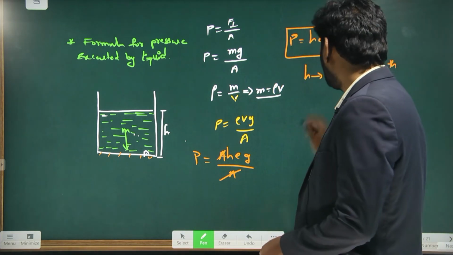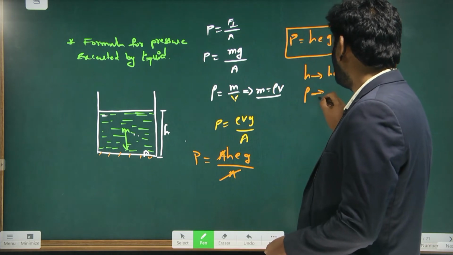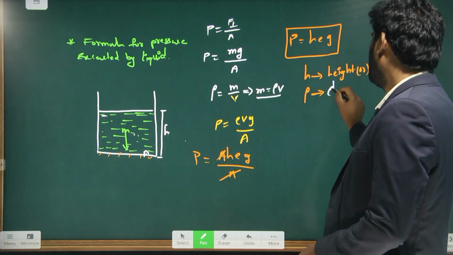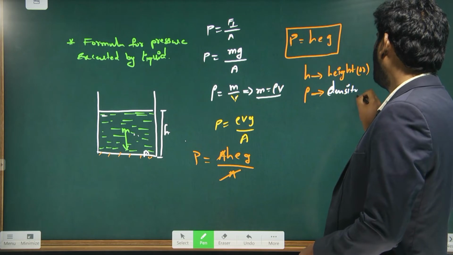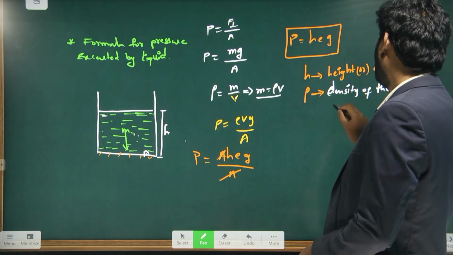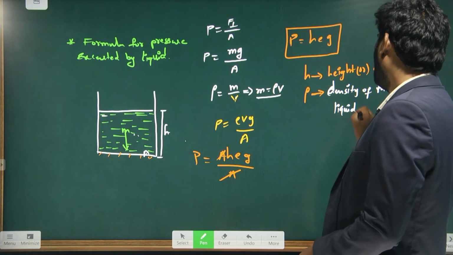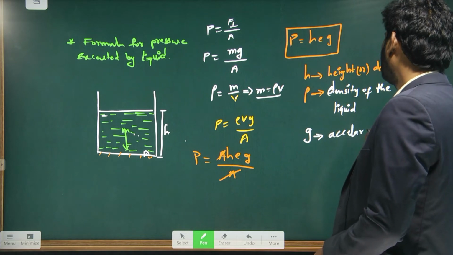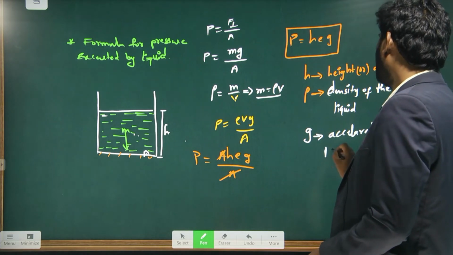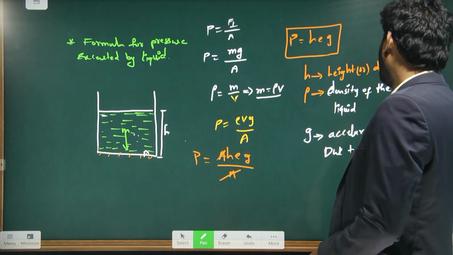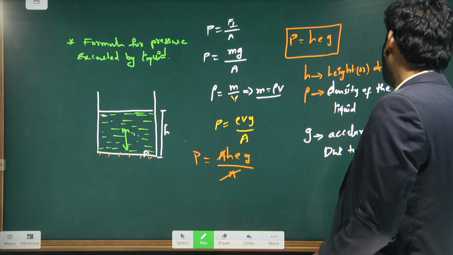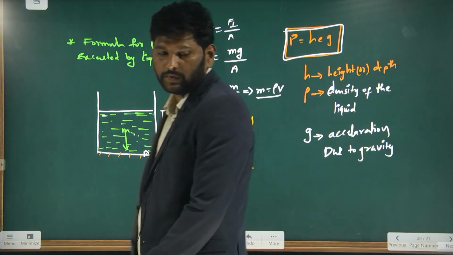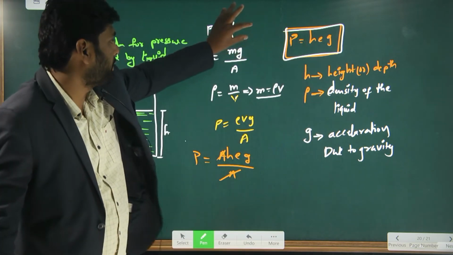Rho means density of the liquid, and g is acceleration due to gravity. So this is your formula, a very important formula: pressure is equal to H rho g.